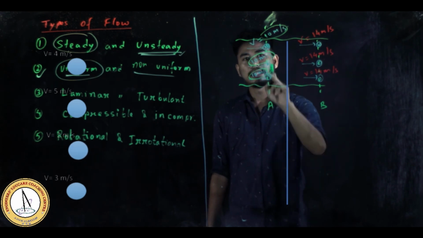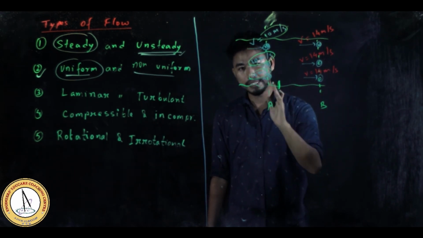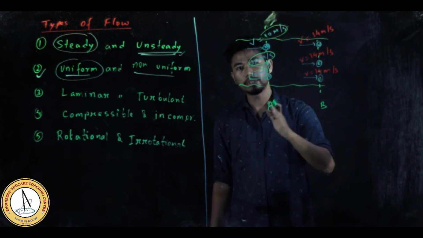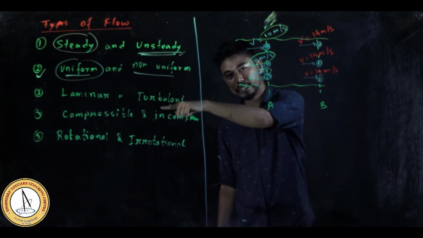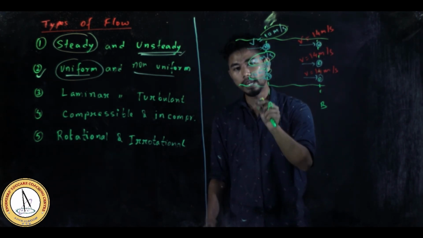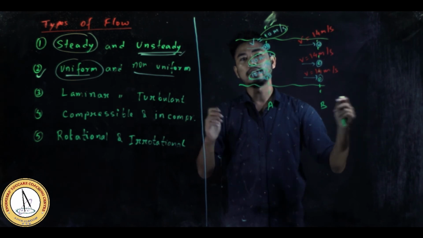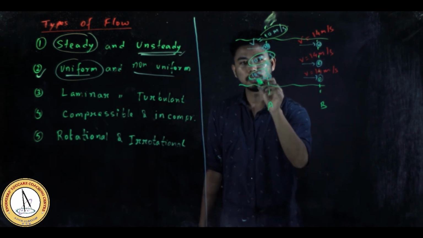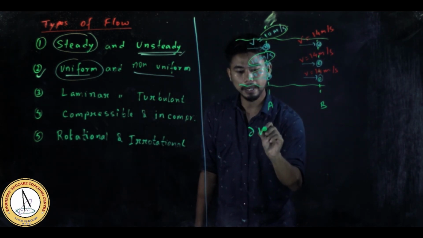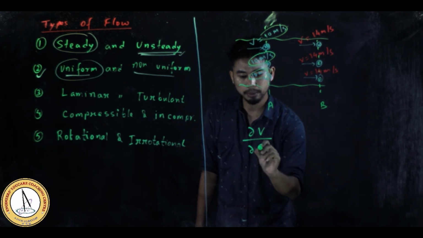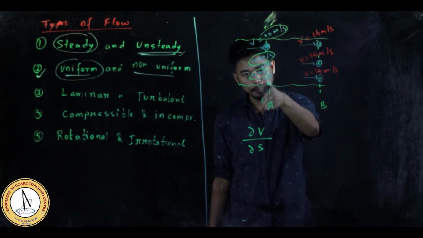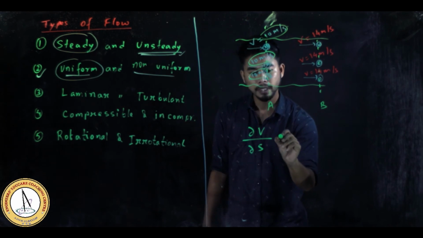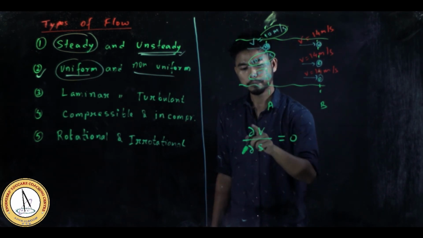That means the fluid property is the same along the width of the channel. In steady flow, the fluid property was the same when moving through time. So here it is the change in velocity with respect to space. I am talking about space here, not time. So this is equal to 0.